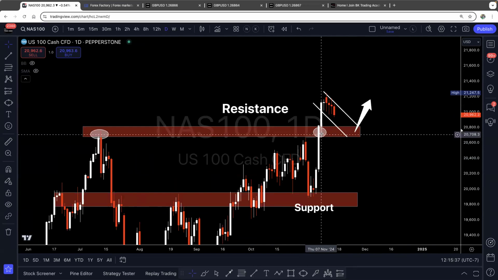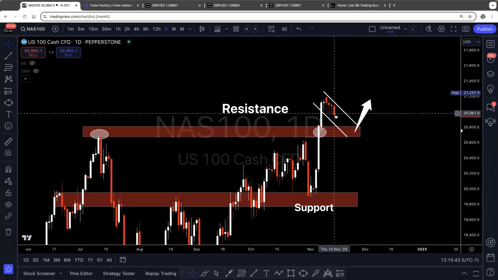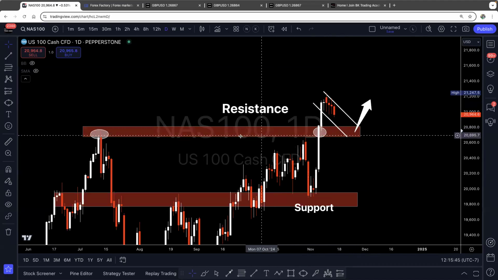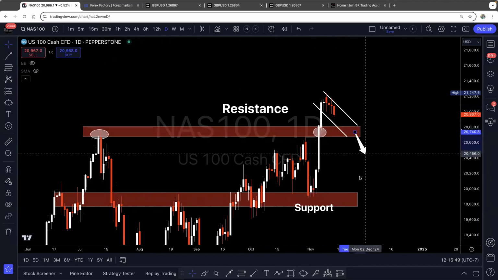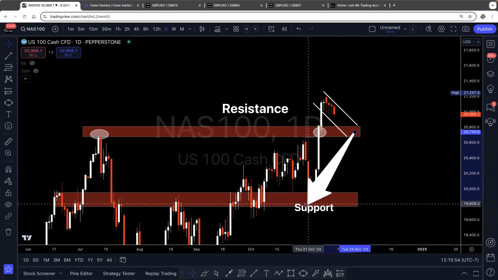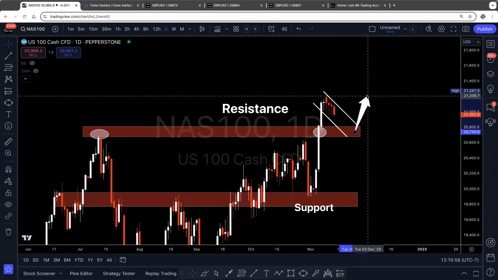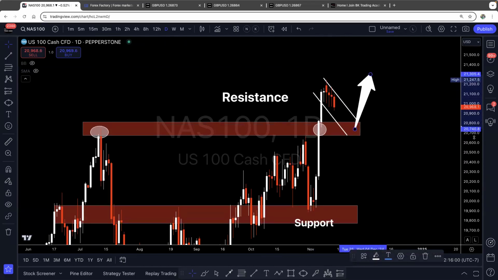So now we have this break while I'm still holding on some shares. And now we can see a retest is coming. It can retest to this area here, very significant. It can also retest to this area right here. That's also significant. But I'm still holding on some shares and I paid myself at the top once I saw price pull back.